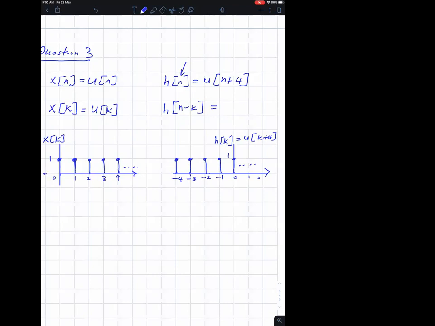So there's 0 right here. Okay, then you plot h of minus k.